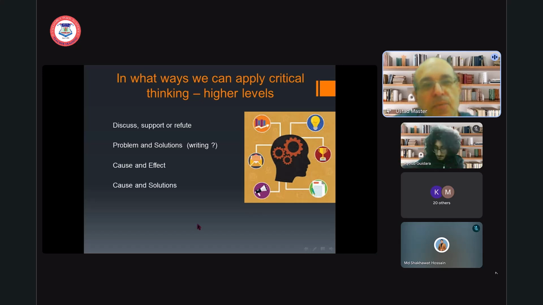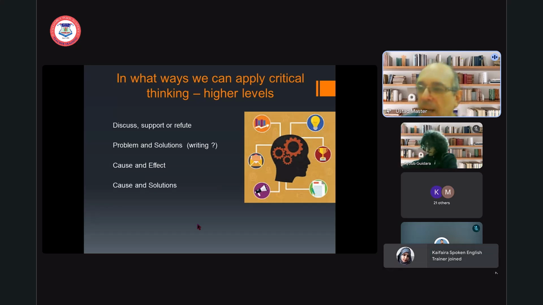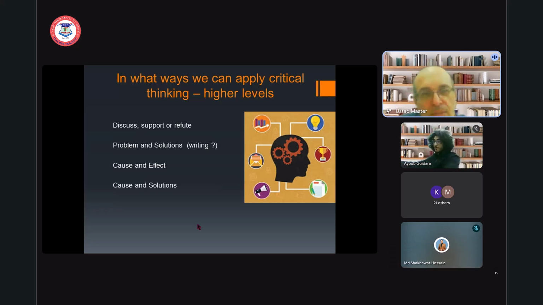Okay, here, this one. Discuss, support, and refute. The refutation is, for me, the most important part in essay writing. Why? Because some people tell you an argument, and then you make that argument invalid. That's why, for this, the students need critical thinking.